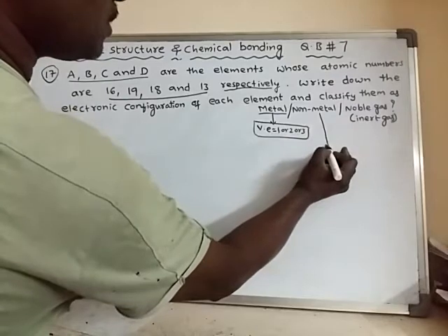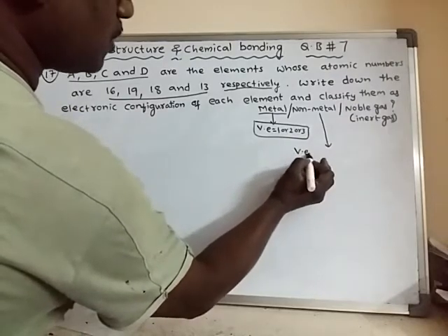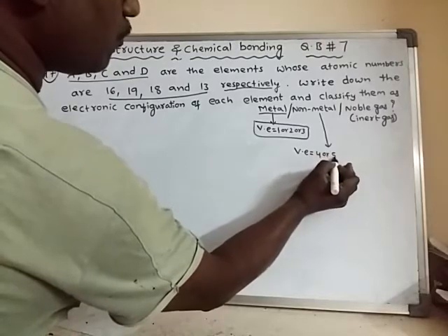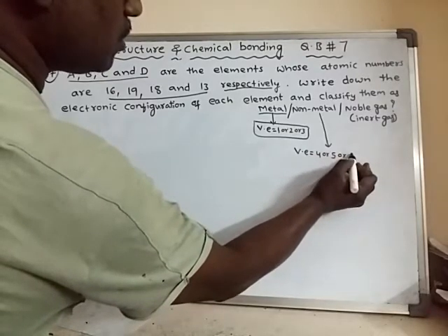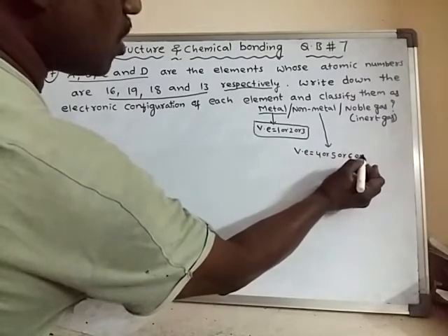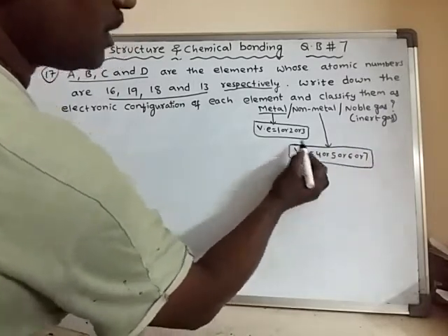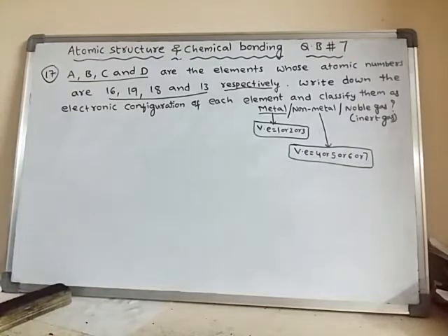For non-metals, the valence electrons are either 4, 5, 6 or 7.